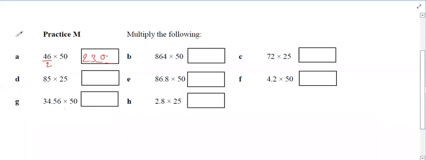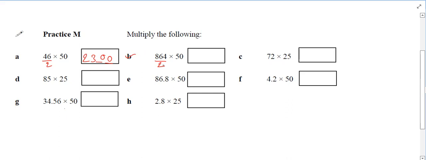Then Shravani, second question. 85 divided by 2 is 42 with remainder... Why 85? You are taking D1, I'm asking for B1. Okay, sorry, sir, my bad.